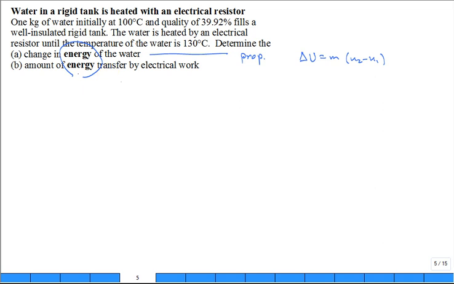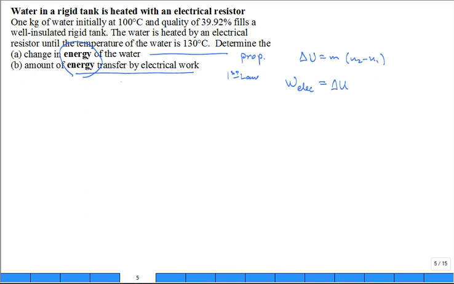To get the energy transferred by the electric work into that rigid tank, we used the first law, and then we solve for the energy transfer. Let me use a W on that. W electric. Okay? And then that turns out to be equal to the change in U because it was insulated. We did that last time.